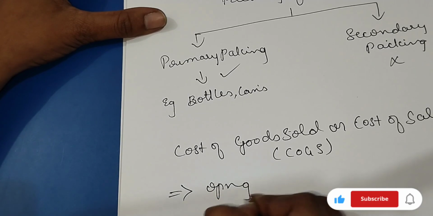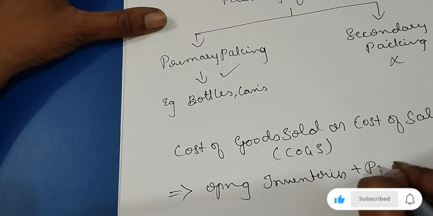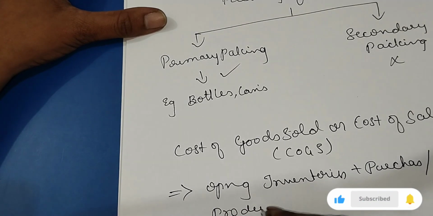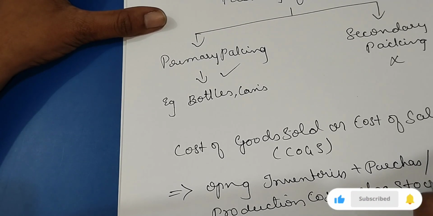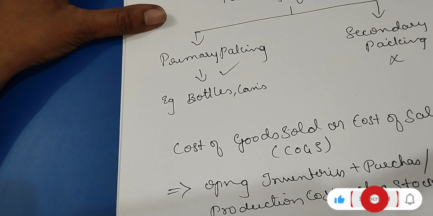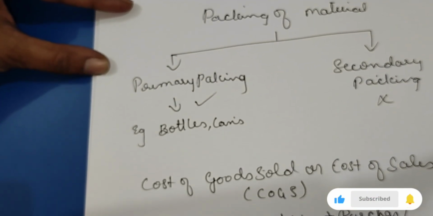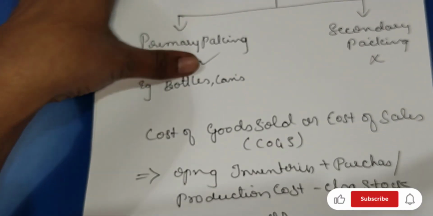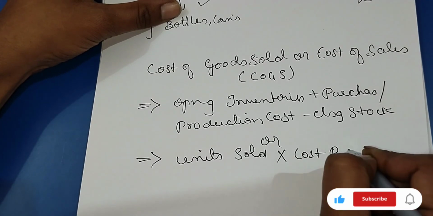Opening inventory plus purchase or production cost minus closing stock, or units sold into cost per unit.